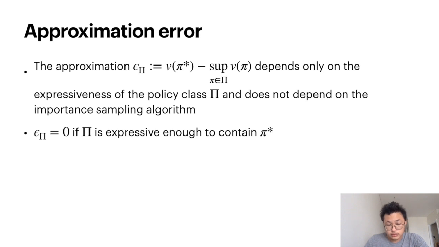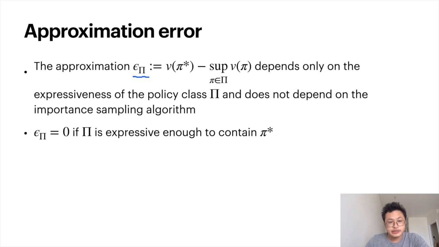So there's not much we could do about it. It's a constant value we call epsilon capital Pi. It depends only on the policy class capital Pi, not on the importance sampling algorithm.